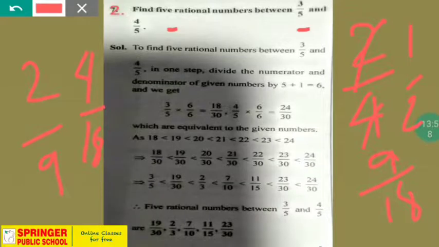So students, you can see that the numbers which were given, 2 upon 9 and 2 upon 4 or 1 upon 2, were not like fractions, but we have converted them into like fractions.